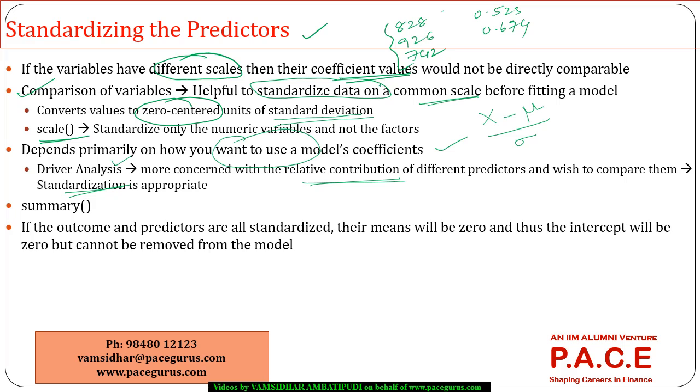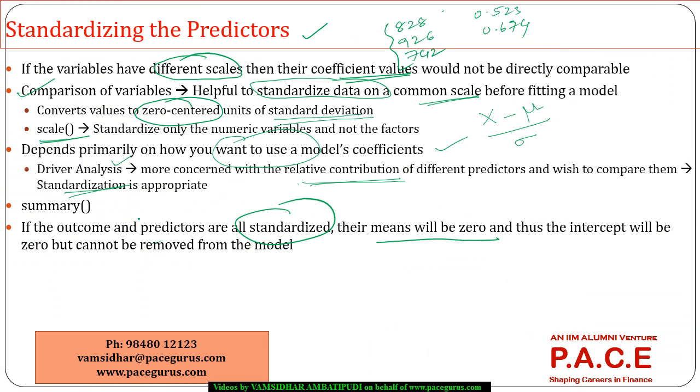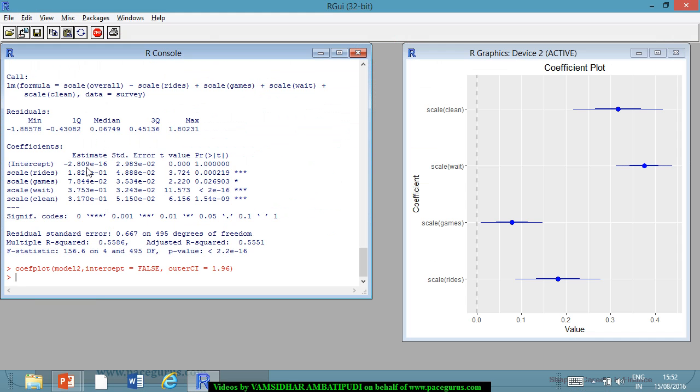So if the outcomes and predictors are all standardized, we will see that their mean will be 0. That is what we could see here. The mean is 0, the intercept is 0. So that's a straightforward step. So intercept will be 0. Now that is what I got here: minus 2.8 into 10 to the power of minus 16, which is very close to 0.